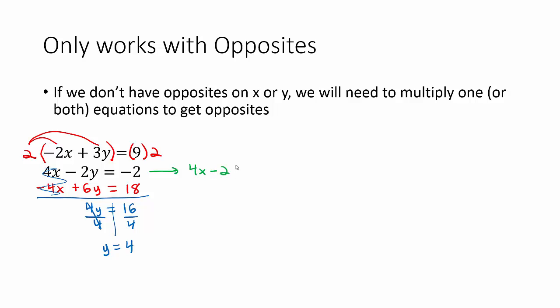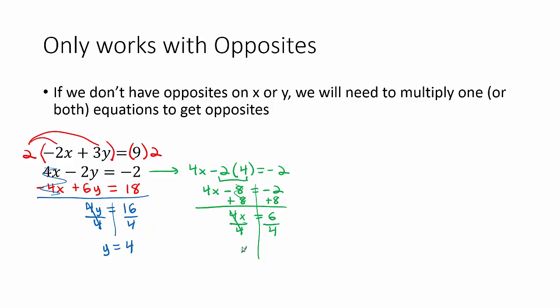4x minus 2y. We now know that y is 4 equals negative 2. And we can simplify a bit by multiplying. So we have 4x minus 8 equals negative 2. And now we'll solve by adding 8 to both sides. 4x equals 6.